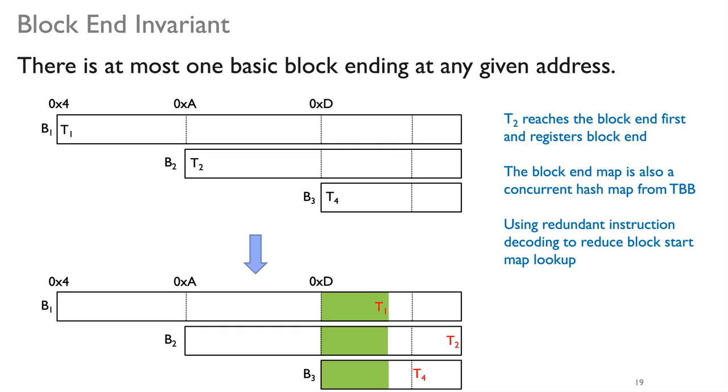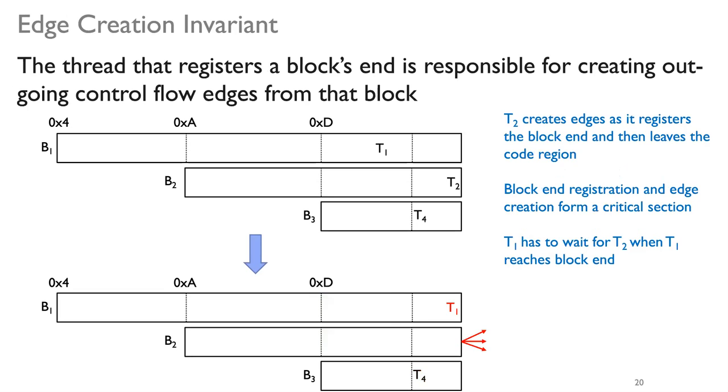This alternative can avoid redundant instruction decoding, but will create a hotspot of the block store data structure. So here we prefer to perform potential redundant instruction decoding to reduce the block store map lookups. As instruction decoding is thread safe and has no synchronization, it will not cause a scalability issue.